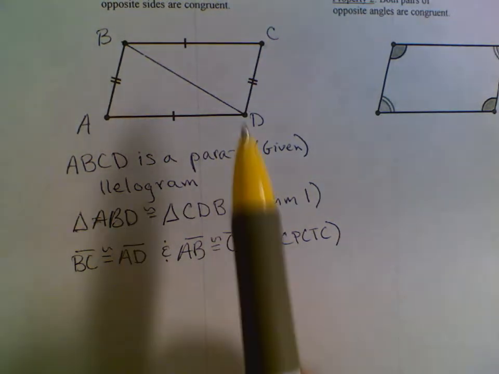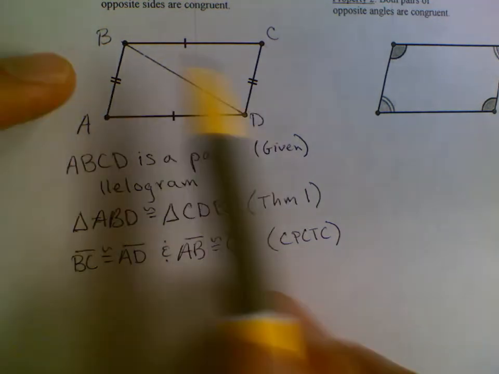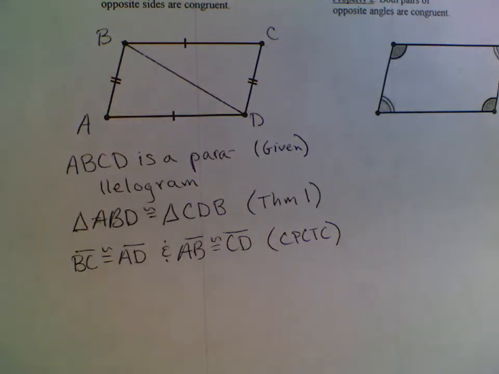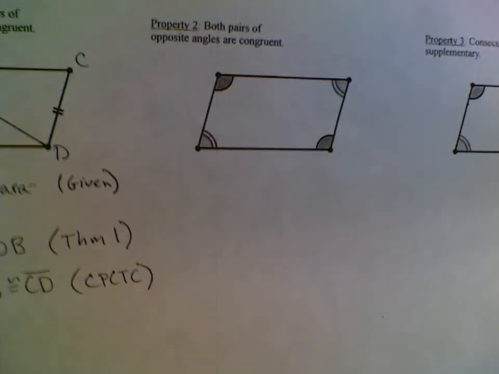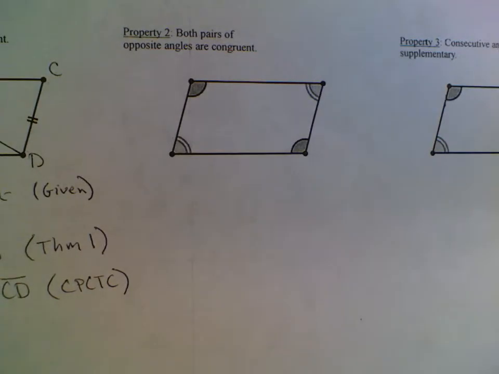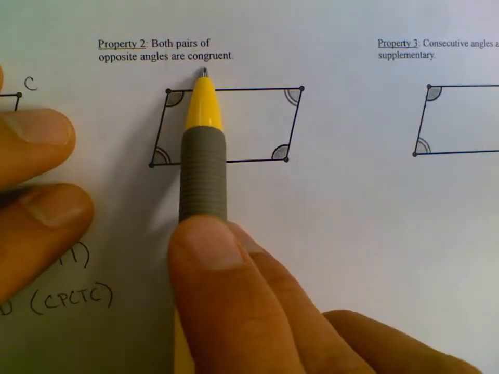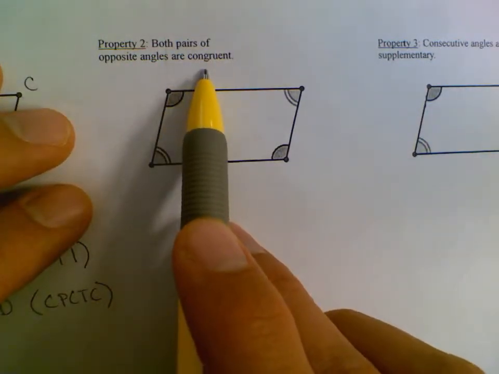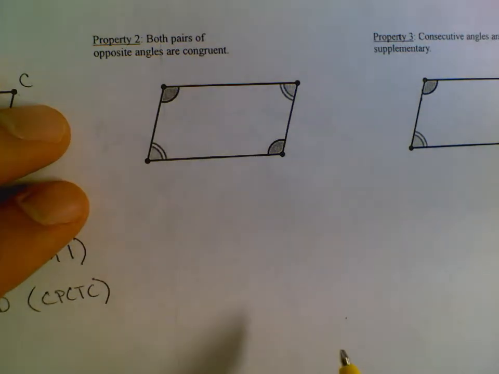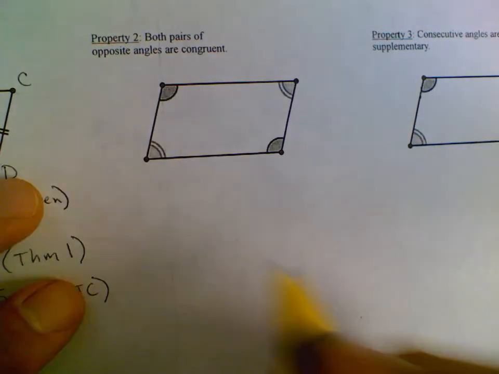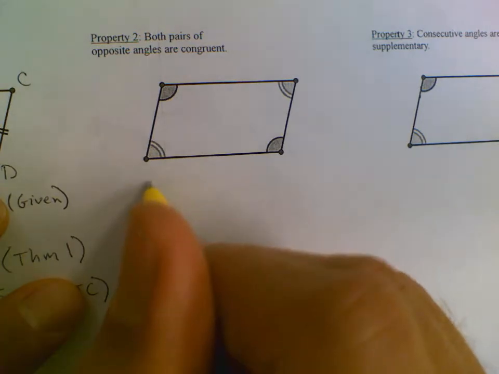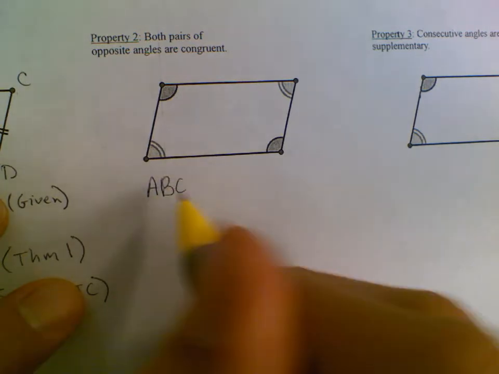All right, what I don't like about this is that the marks were already made. I think that might mess you up a little bit. So if you can imagine these pictures without any marks, that's probably the best way to do this. So both pairs of opposite angles are congruent. That's what we want to try to prove. So right now, we're just given that ABCD is a parallelogram.